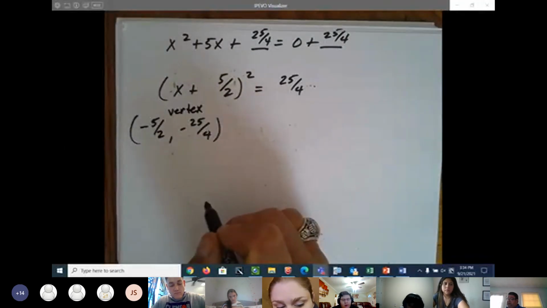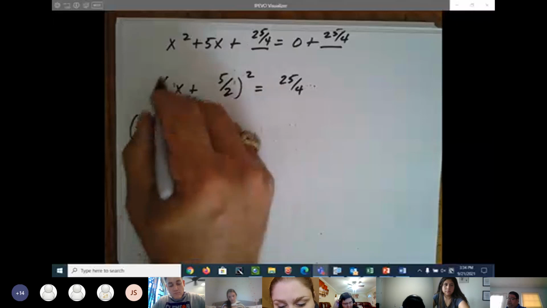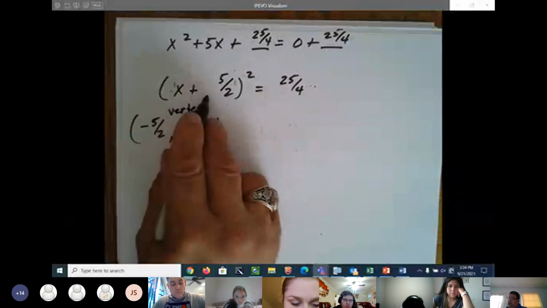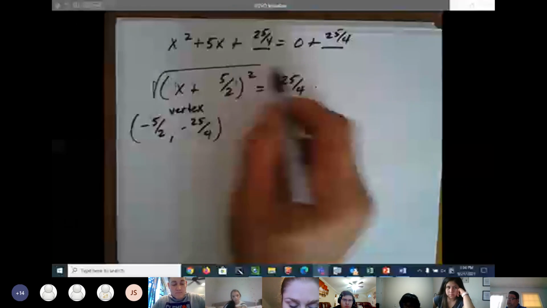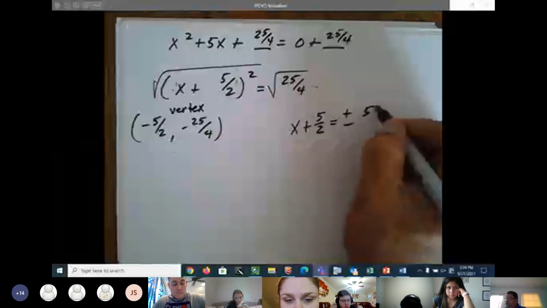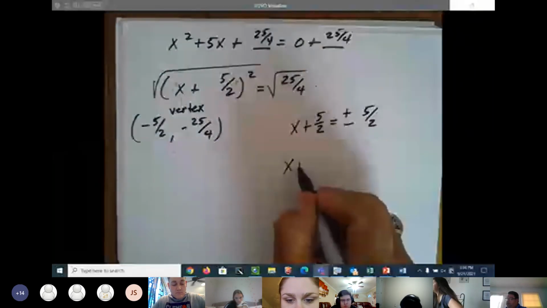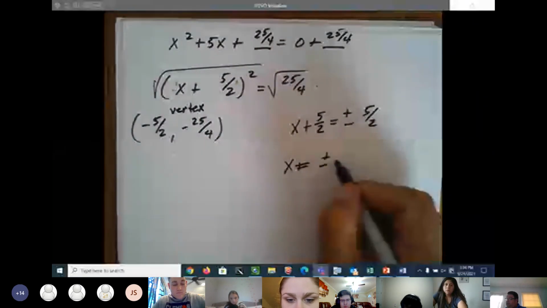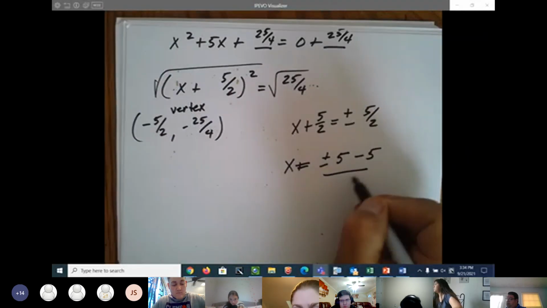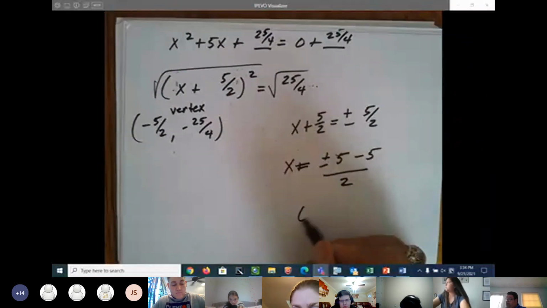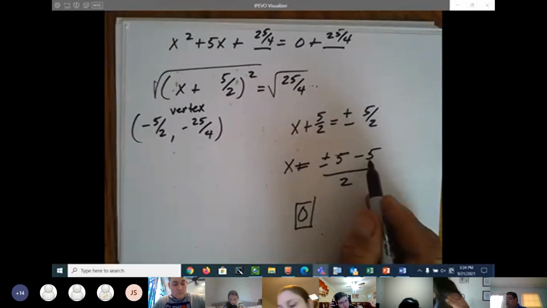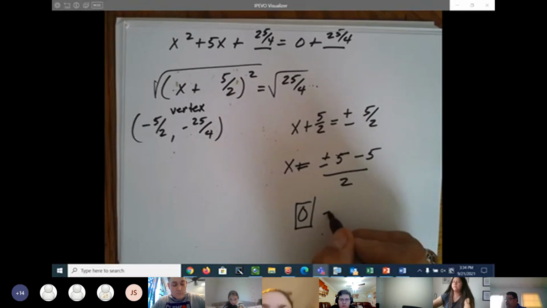The x-intercepts, let's see. The x-intercept's going to be 0, I believe. Yeah. Let me check. Square root, x plus 5 halves is equal to positive or negative 5 halves. X is equal to positive or negative 5 halves minus 5 over 2. 5 minus 5 is 0. That's one x-intercept. Negative 5 minus 5 is negative 10. Negative 10 divided by 2 is negative 5.